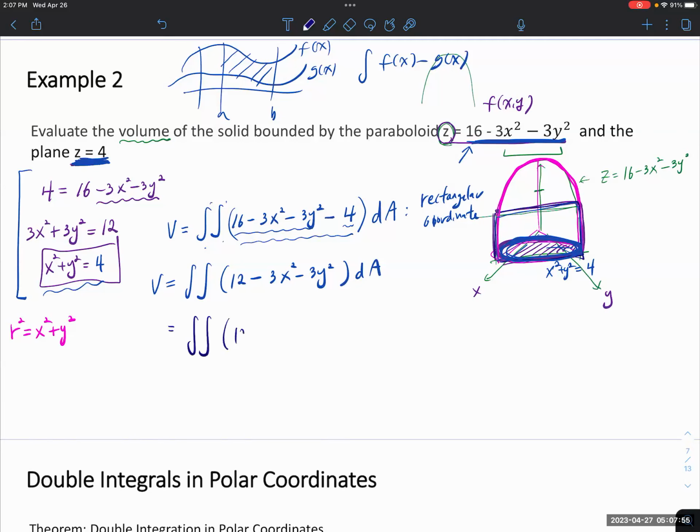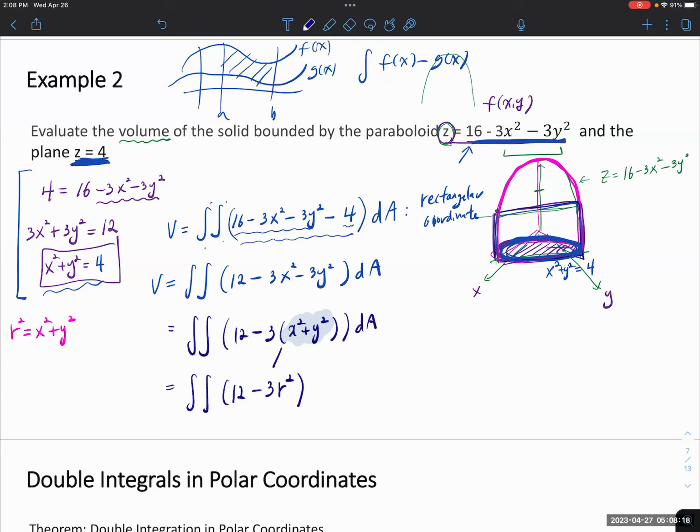We have 12 minus 3. You can find the common factor, and then x squared plus y squared, dA. So this part is going to be r squared. Am I correct? So I'm trying to convert it to polar in terms of r and theta. So 12 minus 3r squared. That's it.